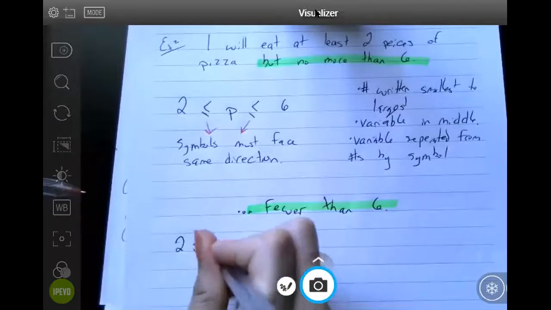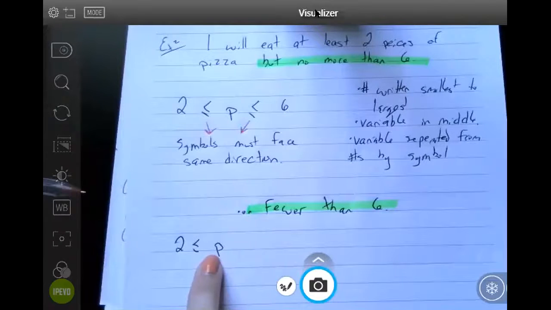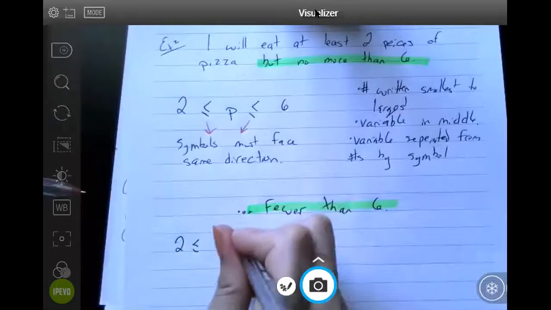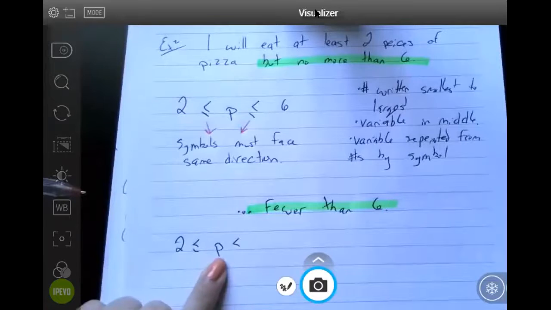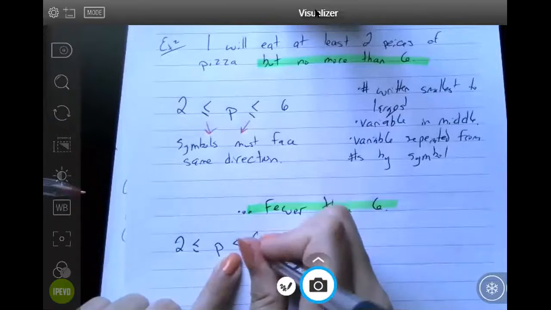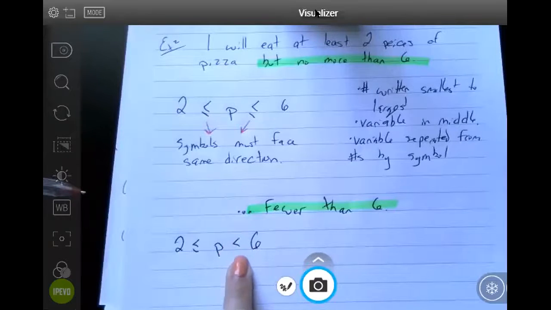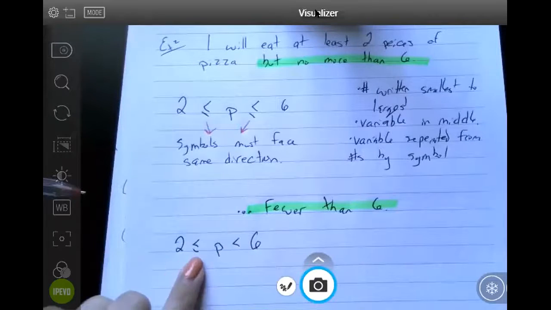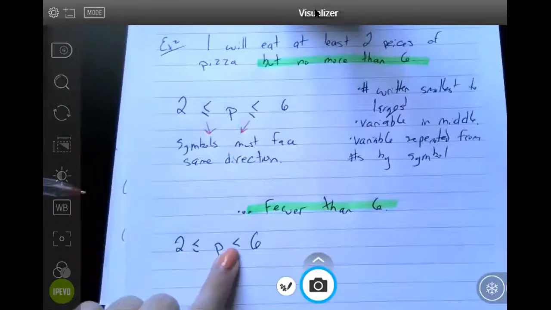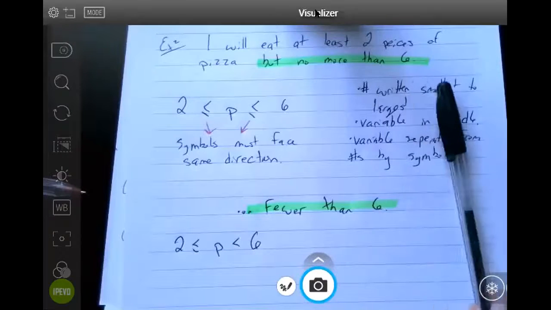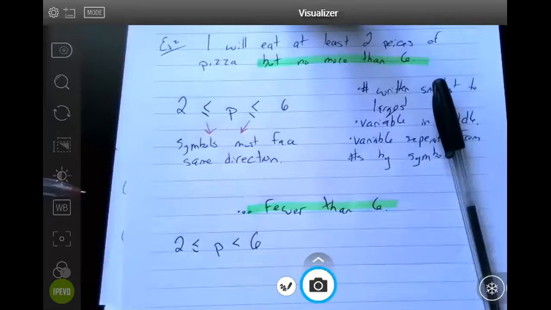I'm still having at least 2 slices of pizza, but my number of pizza slices will be less than 6, and if it's fewer than 6, it is not equal to it. So again, in this case, my signs aren't the exact same as each other, but they are still pointing the same direction. Okay, that is it for today's lesson.